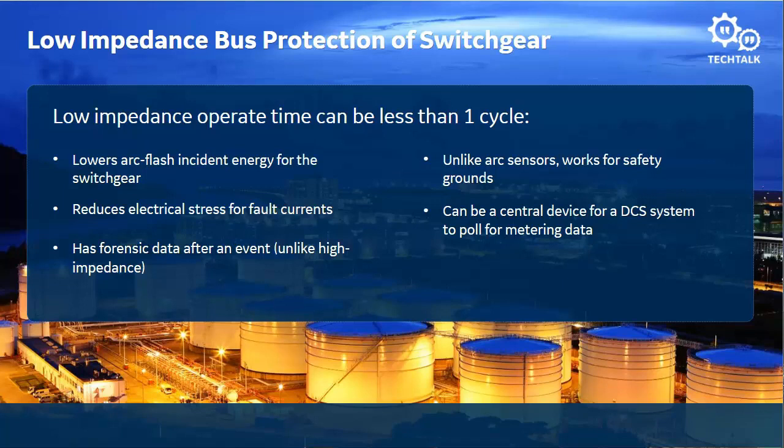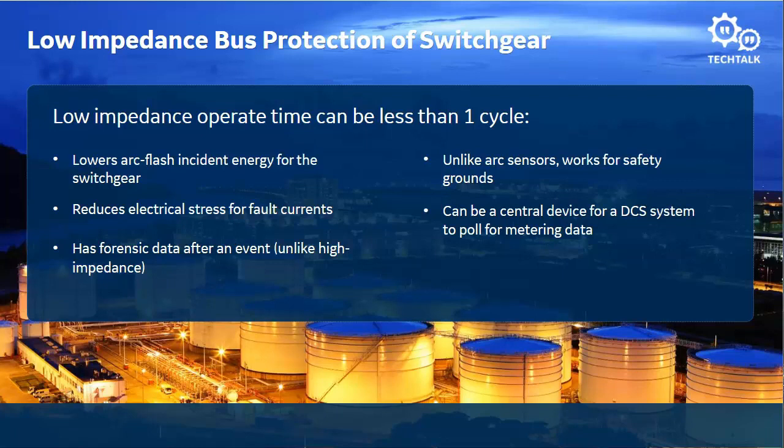Part of the reason we can do this is low impedance bus differential is measuring the current into the zone of protection and out of the zone of protection. So we have a defined zone of protection. We don't have to worry about overreach like we do with the time overcurrent, and we don't have to worry about coordinating those times. So we can operate without any intentional time delay.